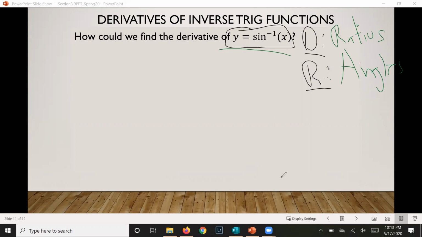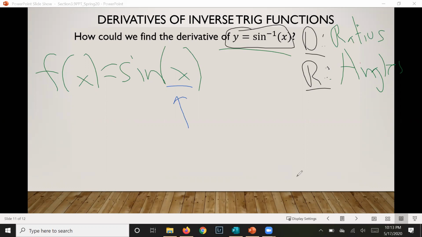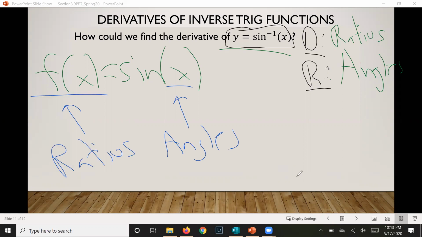Usually in radians, which is different than something like, say, f of x equals sine of x. So here that's not an inverse trig function. So here the inputs, or the things in the domain, are angles, and then the outputs are ratios. Okay, so that's the difference between these two things.